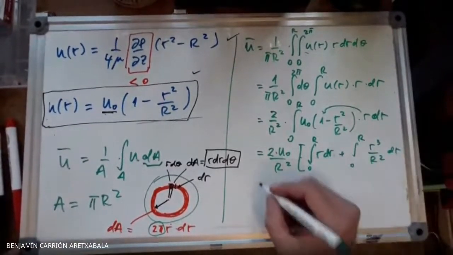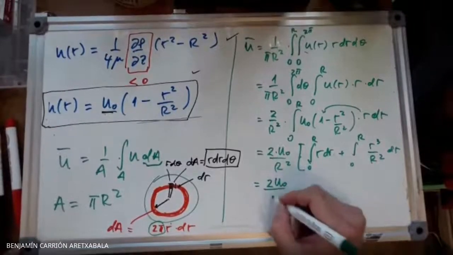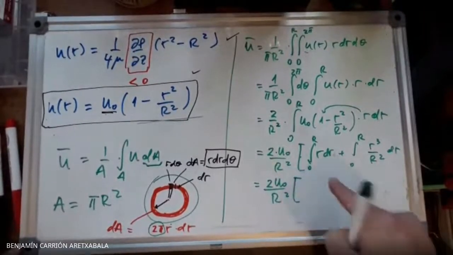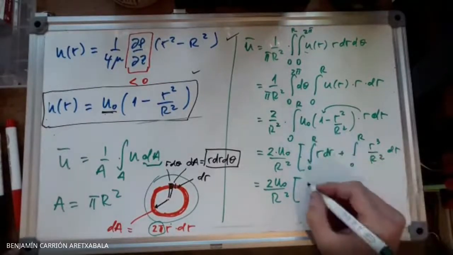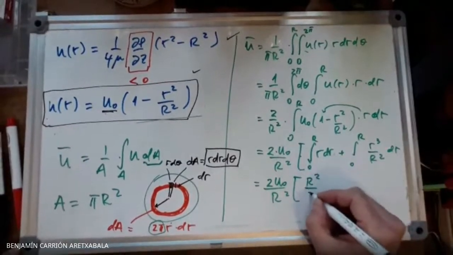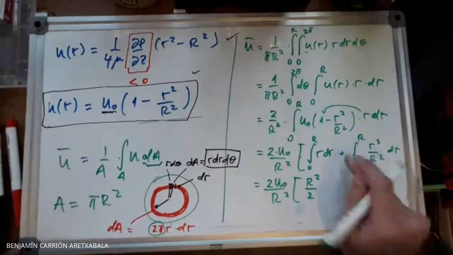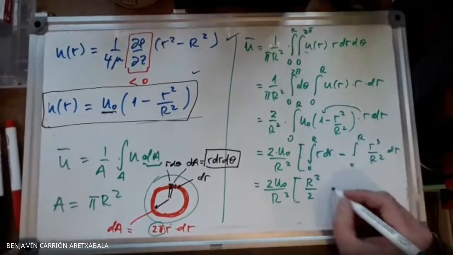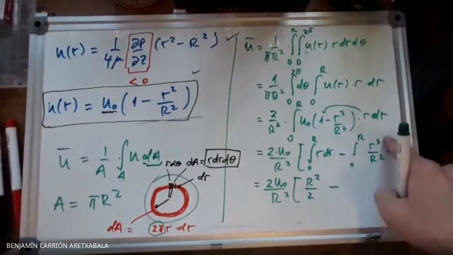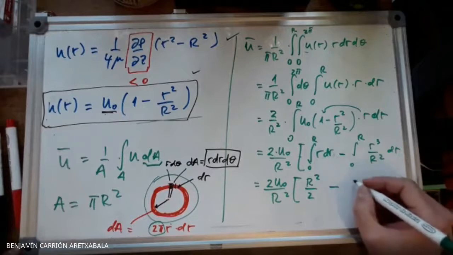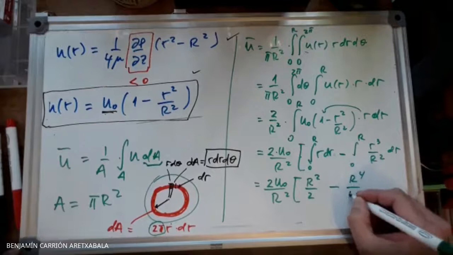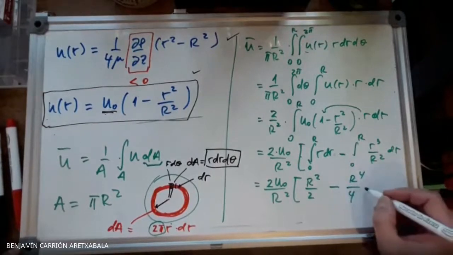Excellent. And this is 2u0 r squared plus, this is r squared half, evaluated only on big R. So r squared half. I'm sorry, this is minus. Minus, this is r to the fourth power divided by 4, evaluated in big R. So r to the power 4 divided by 4, divided by r.